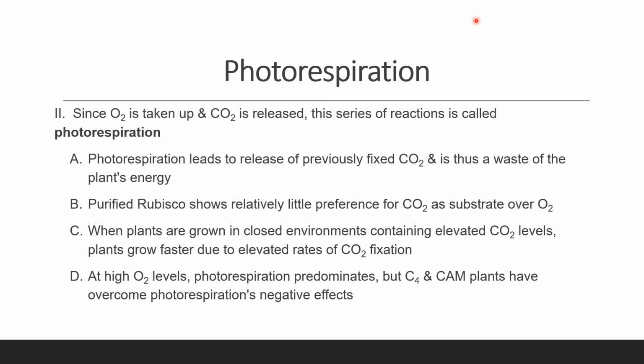Okay, so basically these are more useful for those plants that could thrive or grow where there is a high temperature, and of course there is a limitation when it comes to the availability of water. The C4 and CAM plants will be discussed further as we go along with this lecture.